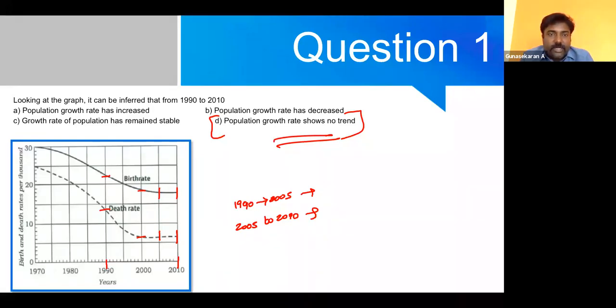Otherwise, there will be no trend only. You can't see. Birth rate is obviously decreasing, but death rate is decreasing more than that because of medical facilities. Due to that, population growth rate has increased. Growth rate is increasing, but it is not stable, and you can't say any trend. Understand? No trend.